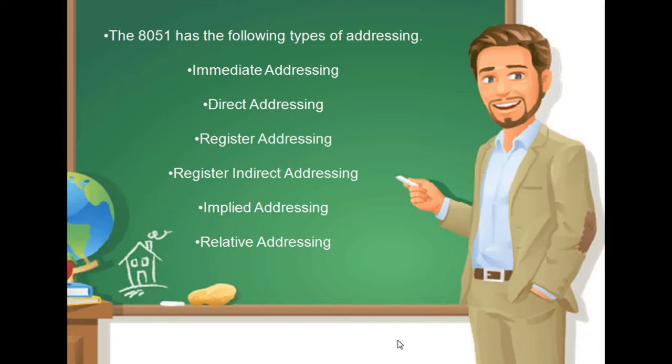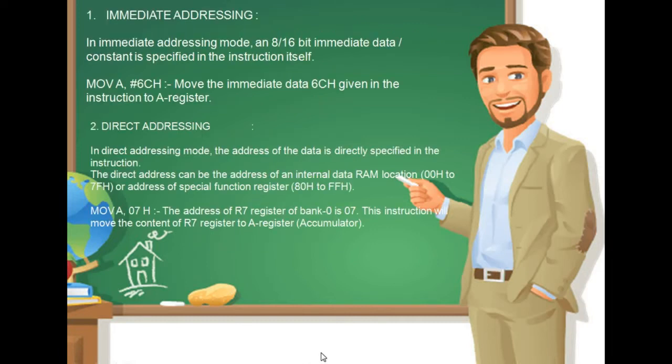As we have already learned about the immediate addressing mode of 8086, here an immediate addressing mode is an 8-bit or 16-bit immediate data or a constant that is specified in the instruction itself. For example, MOV A, #6CH.